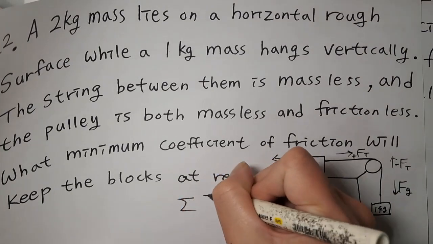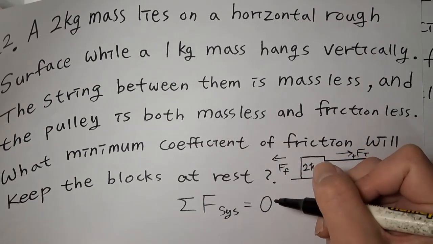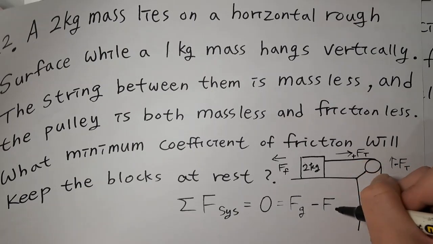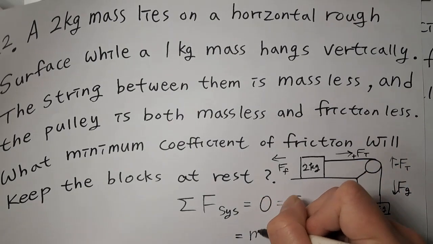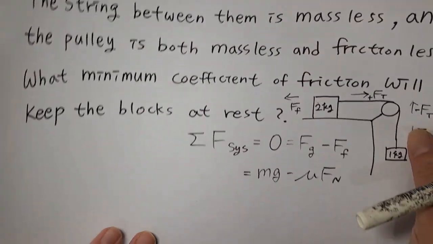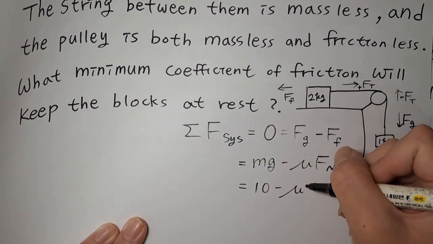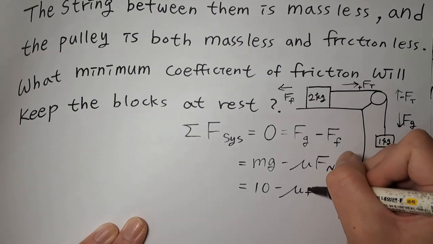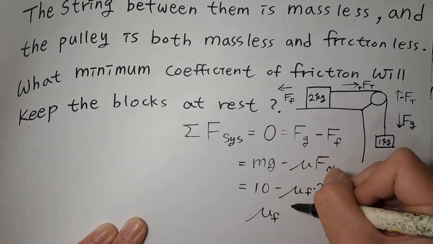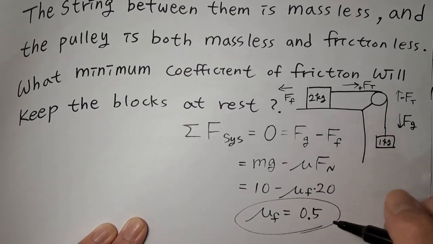So the total force is going to be 0, and this means force of gravity minus force of friction, and this is going to be this. So the coefficient of friction is going to be 0.5.